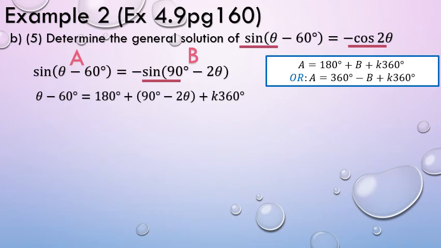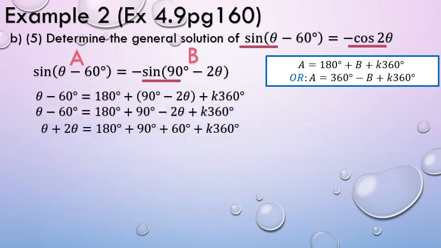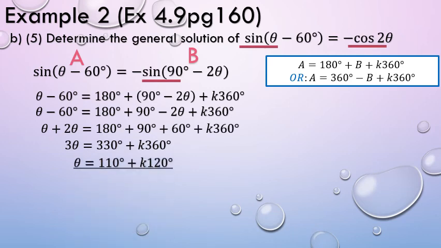So A is equal to 180 plus B. Make your substitutions and get all your thetas to one side of the equation, all your degrees to the other side, and simplify. Divide everything by 3 and we get theta is equal to 110 plus K120, and K is an element of the set of all the integers.